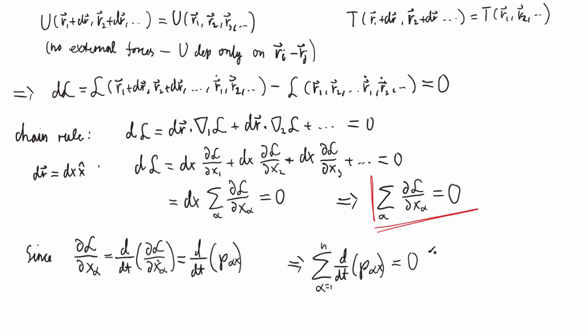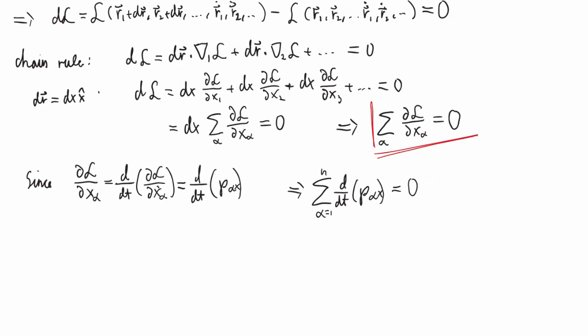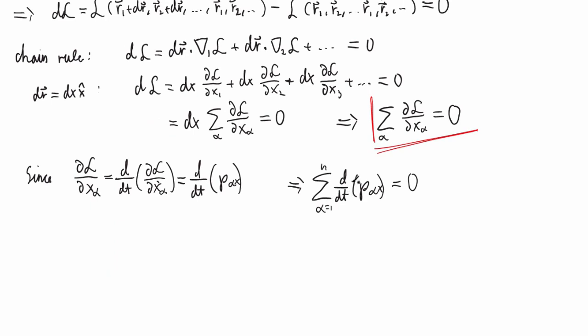So that's 0, and we can now change the order of the derivative and the summation. And that is now the total momentum in the x direction.